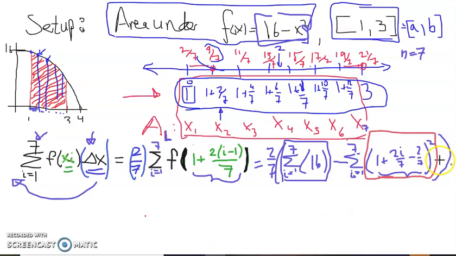So let's do that. Before we say equals, we need to add, well, 1 is 7/7, so maybe I should do that. 1 minus 2 sevenths is 5 sevenths. 5 sevenths plus 2i over 7.